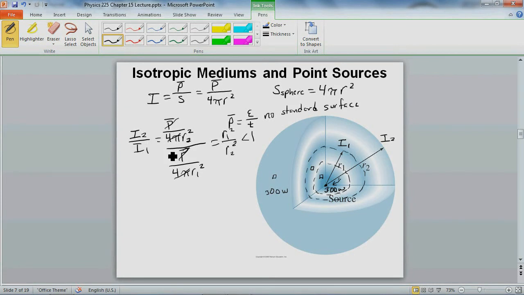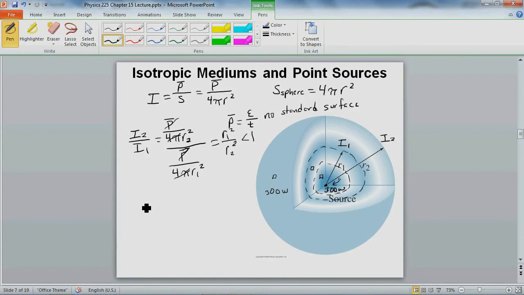So this makes sense, and it's the same thing as if you're standing right next to a 300-watt light bulb. It's very bright, very intense, but if you move away, the intensity goes away. Now, if you were to double your distance, again, you would find that the intensity would decrease by a factor of 4 because of that energy being spread out.